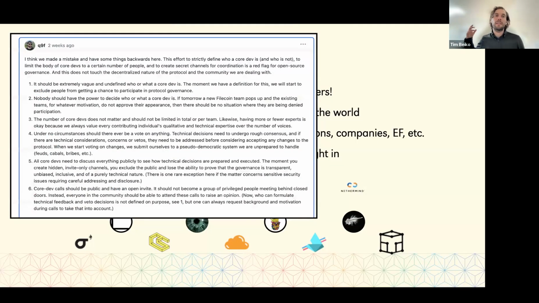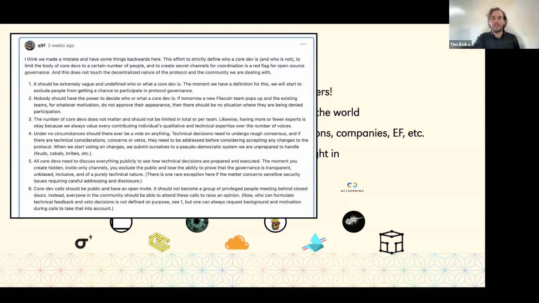And I think it's really valuable to keep the set loose for a bunch of reasons. Afri, who wrote the comment on the screen right now, explained this really well in a GitHub thread where another project was trying to have a very formal rule of what a core dev is. He makes really good points about what you get from this informality, even though it might be hard to define exactly what a core dev is.